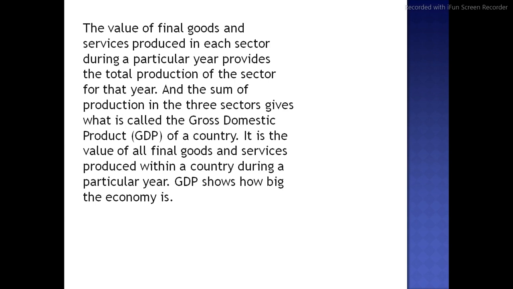It provides the total production of the sector for the year, and the sum of the production in the three sectors gives the gross domestic product, GDP, of a country.